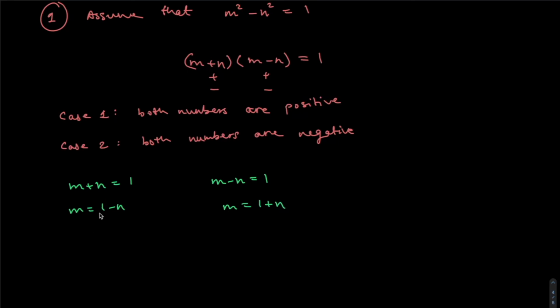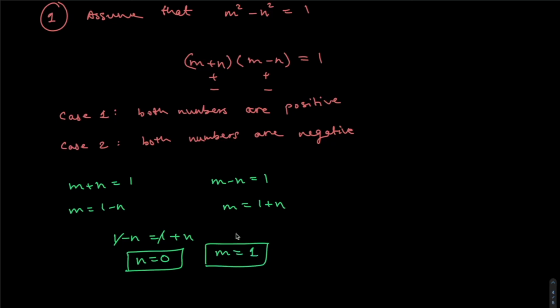If I equate both of them, what do I get? 1 minus n is equal to 1 plus n. 1 cancels out, and n is equal to 0. And if I plug in n is equal to 0, I get m is equal to 1 in both equations. Now, this did not really help us. No problem. Let's try the second case.